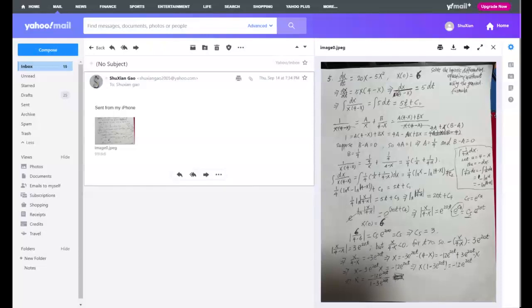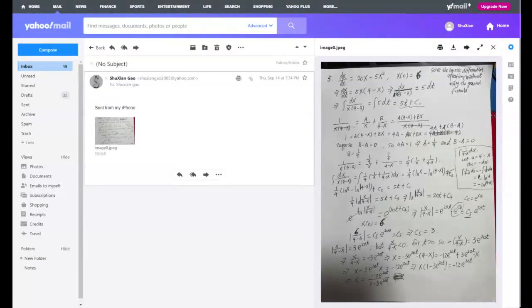I can change the right side because 20x can be written as 5 times 4 times x, and 5x² as 5x times x. So I take 5x as the common factor, leaving 4 minus x.